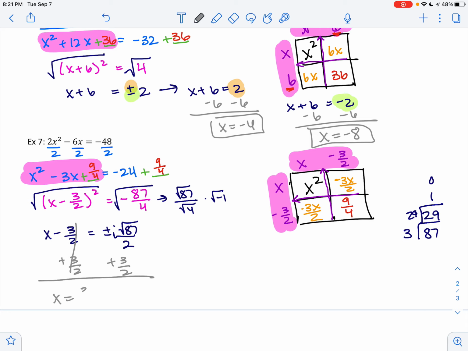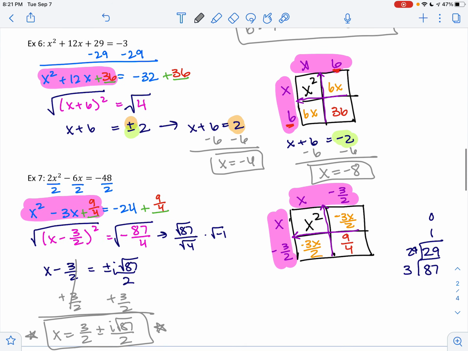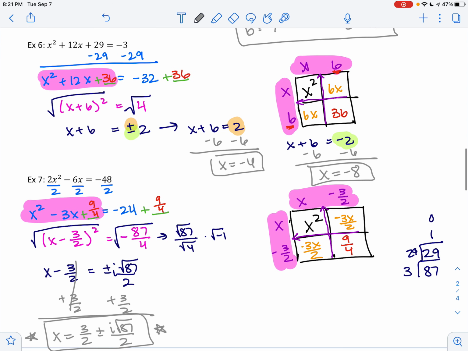So I'll have 3/2 plus or minus i square root of 87 over 2. This represents two solutions. Those two solutions are 3/2 plus i square root of 87 over 2 and 3/2 minus i square root of 87 over 2. Those are your solutions.